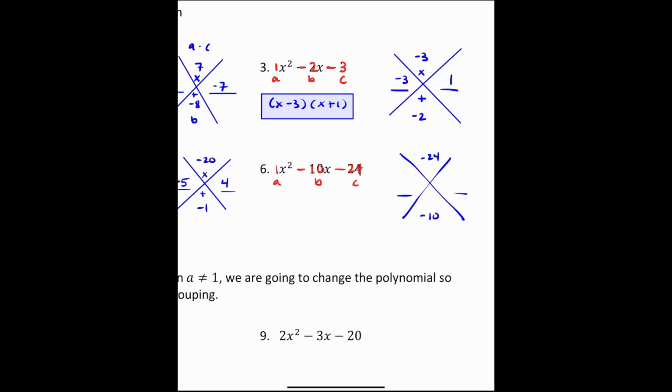So the two numbers that I'm thinking are 12 and 2. So one of these values must be negative. And I think that 12 should be negative because negative 12 times 2 is negative 24. But if you add these two numbers, negative 12 plus 2, that gets you negative 10. So your answer is x minus 12 times x plus 2.